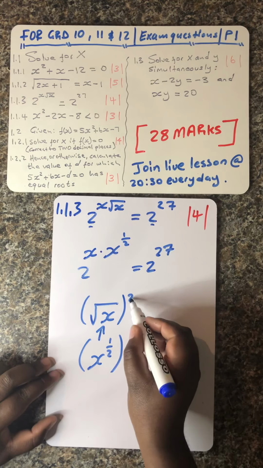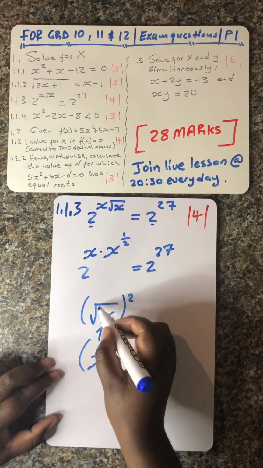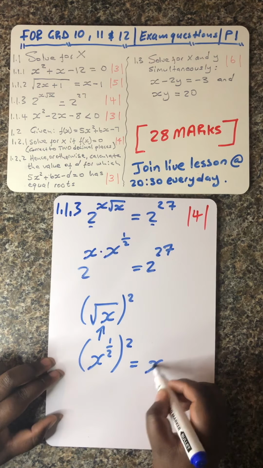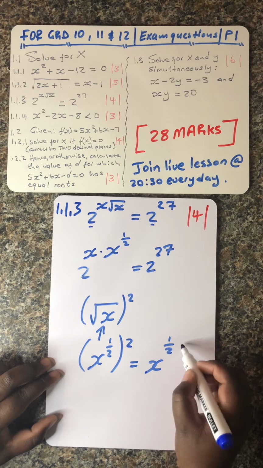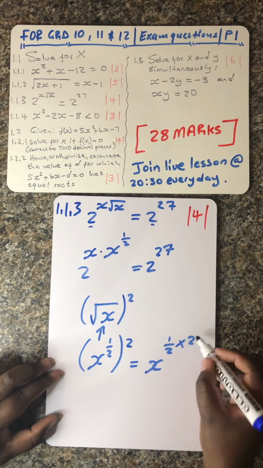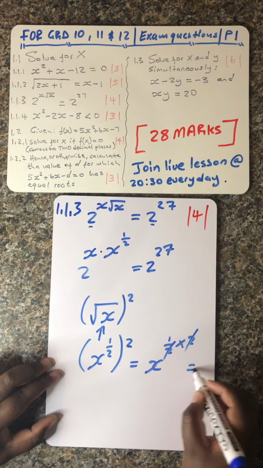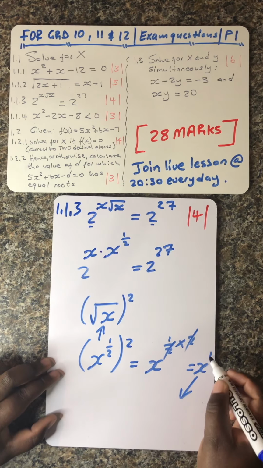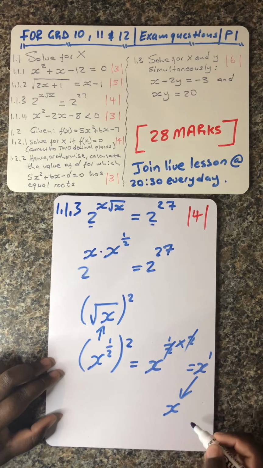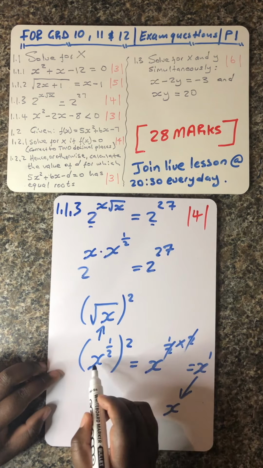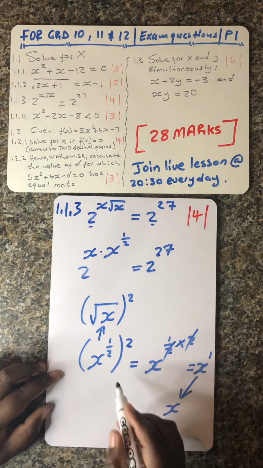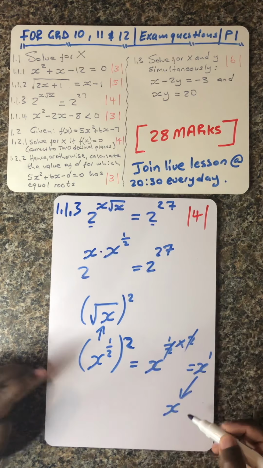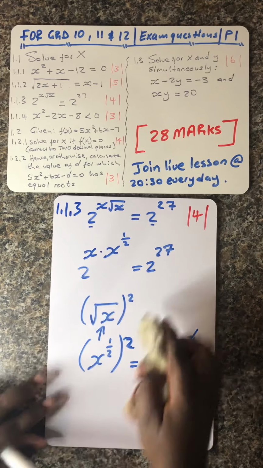So the reason why you multiply by 2 to remove that square root is that x to the exponent 1 over 2 multiplied by 2 means these 2s cancel and you remain with x to the exponent 1. You remember from the basic rules, x to the exponent 1 is the same as x. And remember, if this was equated to something, that's where you would introduce a square on both sides of the equation, just like we did with the previous equation.